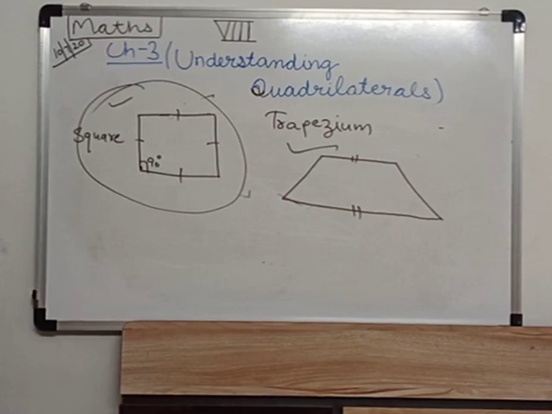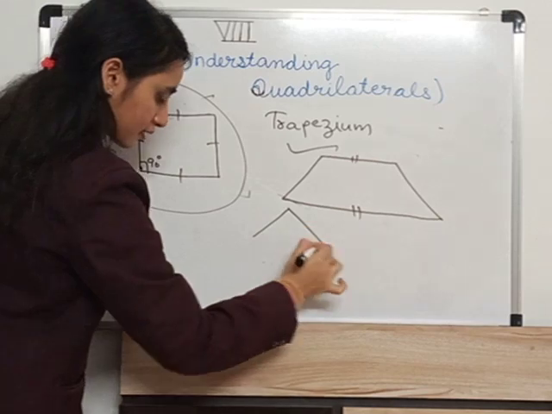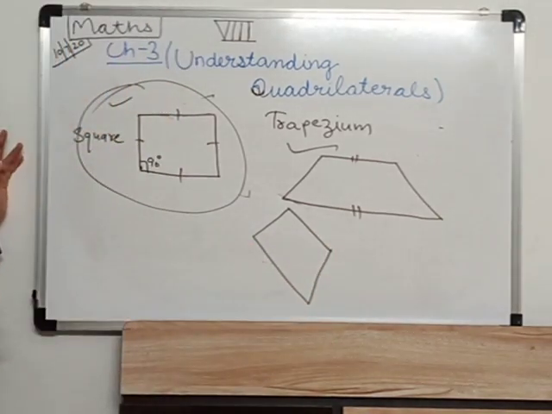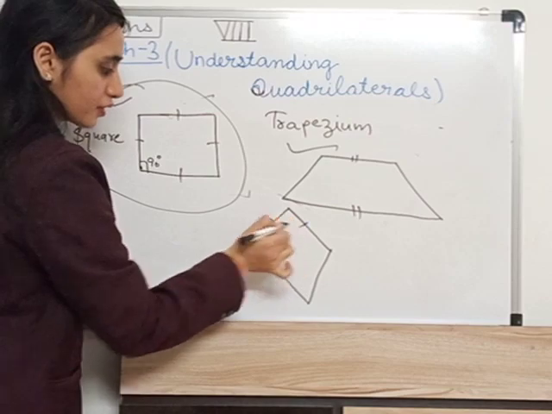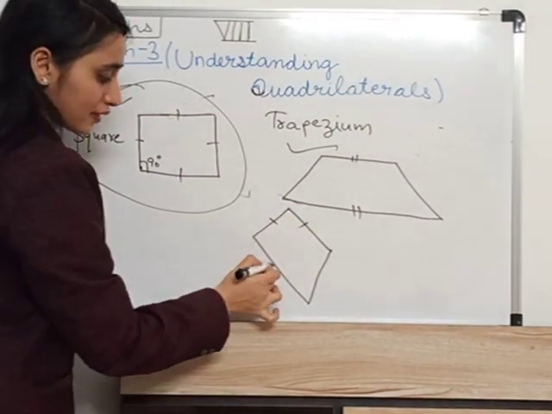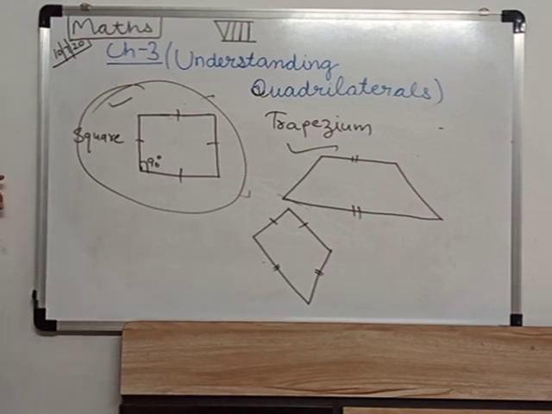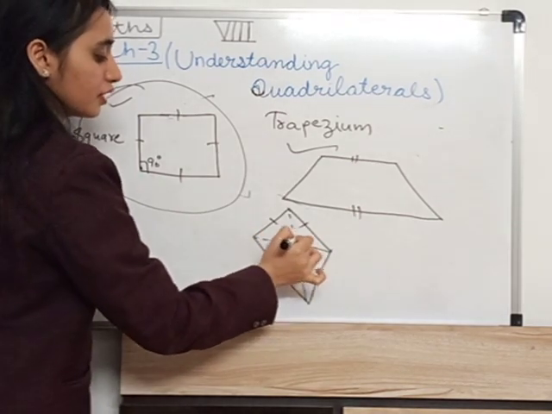And kite shape is like this. In kite shape, exactly two pairs of consecutive sides are equal. Simple form you can say these sides are equal. Okay. And diagonals are perpendicular to each other.